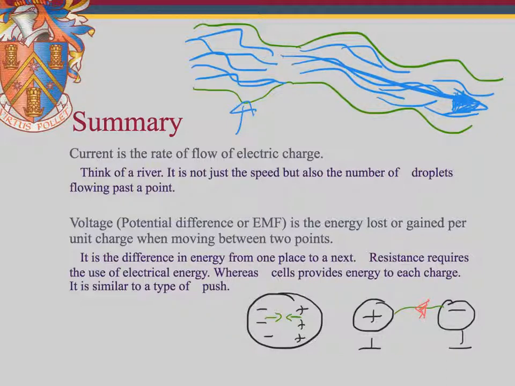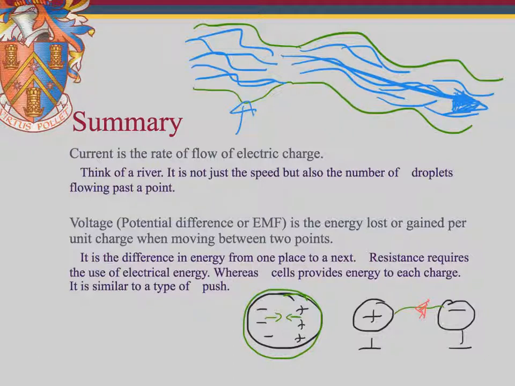So a voltage essentially is a separation of charge, and that creates a current. There's a difference in energy from one place to the next is the actual measure. So if we think about this ball here, there's a certain amount of energy stored where those things are separated. When they are combined, there is no energy. Okay, no energy stored.